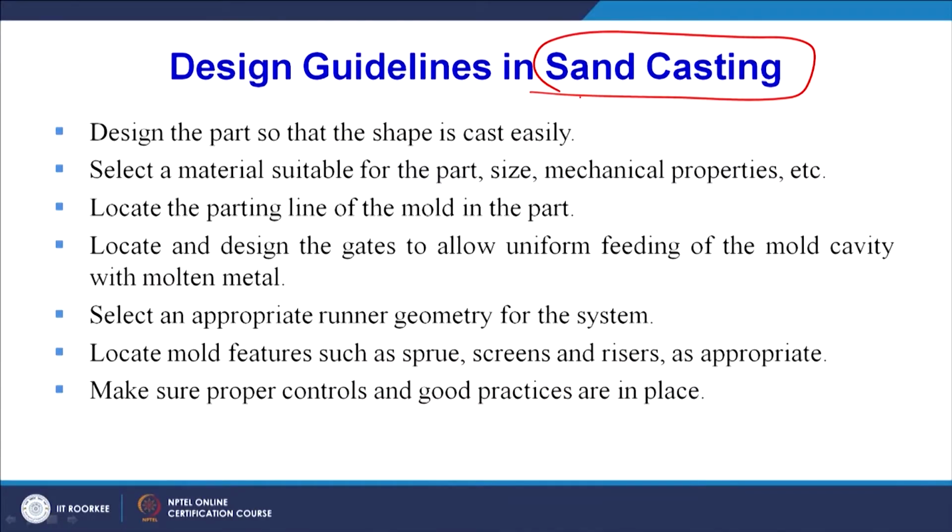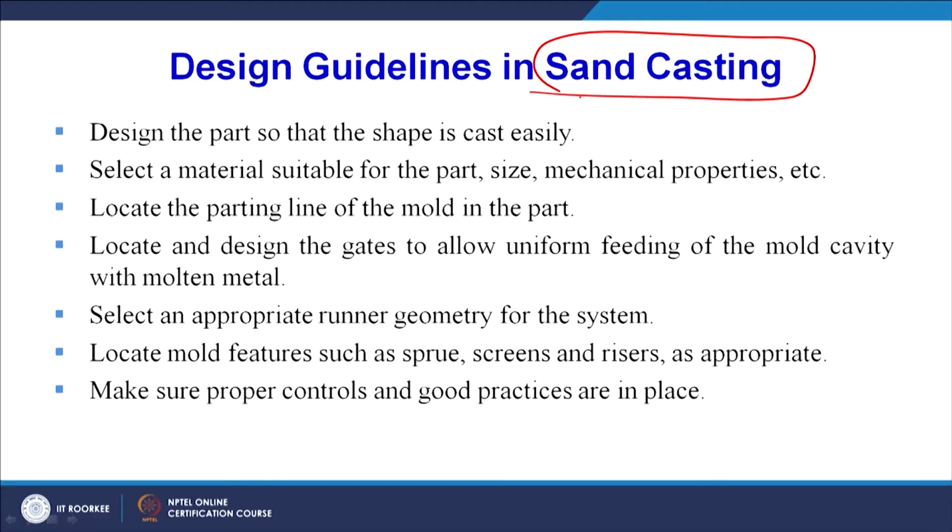There we say it is a permanent mold casting process, because in sand casting, after one casting is made, we break the mold and again reuse the sand with certain additives to make the next casting. So, here we use an expendable mold for making the casting, whereas in a metallic mold the molds are reusable and can be used again and again. But here our focus is on sand casting. So, today we will focus only on sand casting.